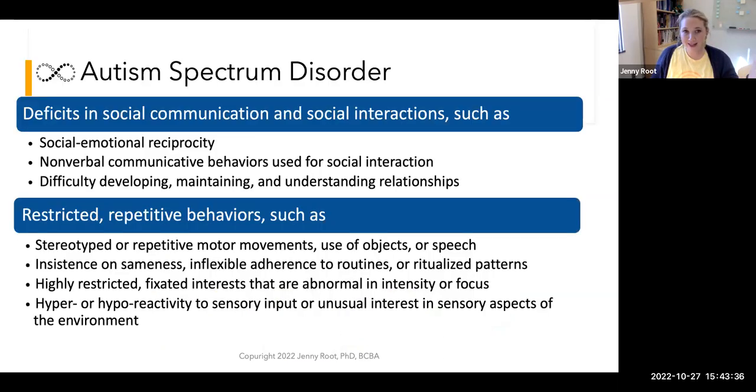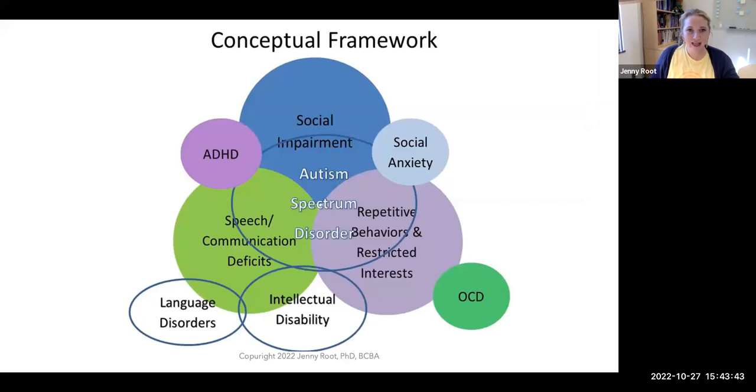Because of this criteria of deficits in social communication, social interactions that often impacts language, individuals with autism are going to have some sort of speech language communication difficulty. So there's always going to be that overlap, but you can have that in other things, right? And then repetitive and restricted interests. We know that OCD is intrusive compulsions or thoughts, right?